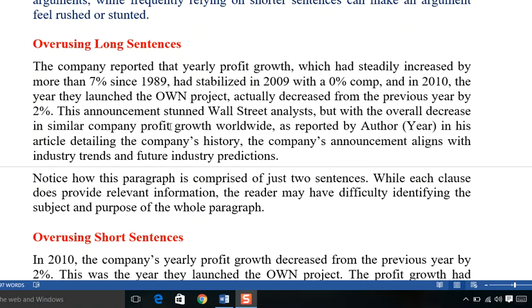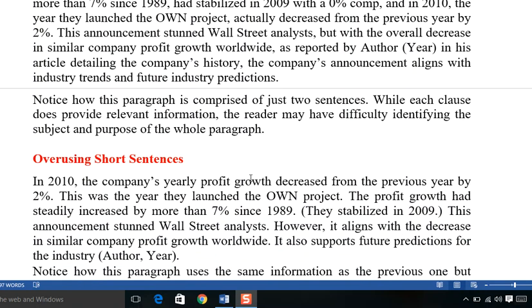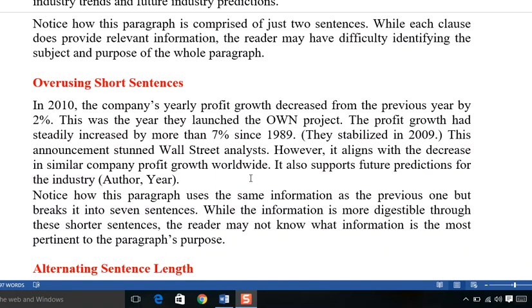This announcement stunned Wall Street analysts, but with the overall decrease in similar companies' profit growth worldwide, as reported by the author in this article detailing the company's history, the company's announcement aligns with industry trends and the future industry prediction. Fine.